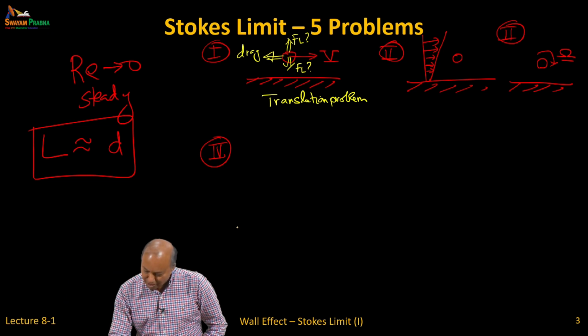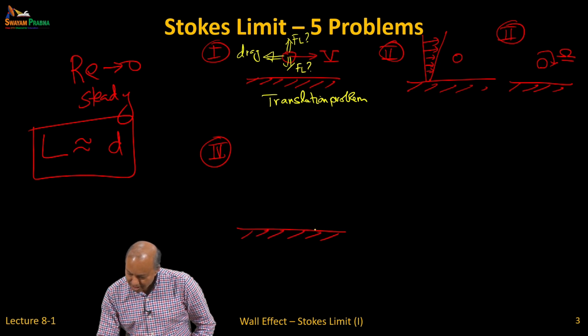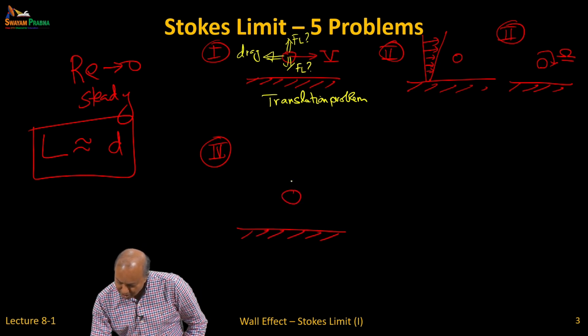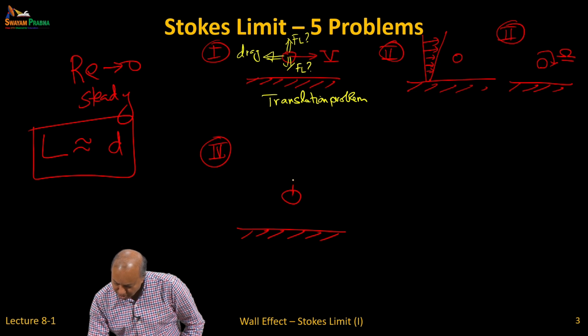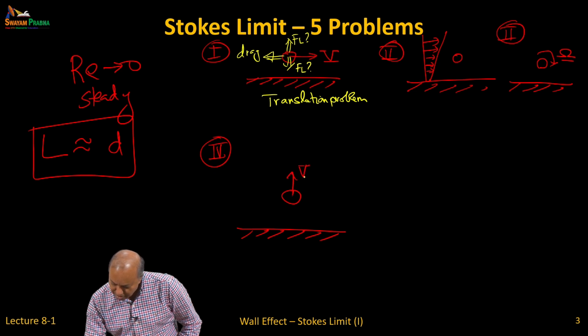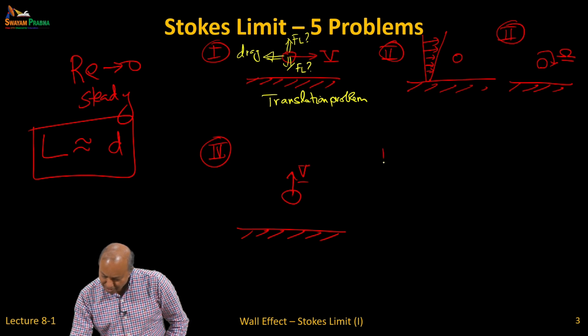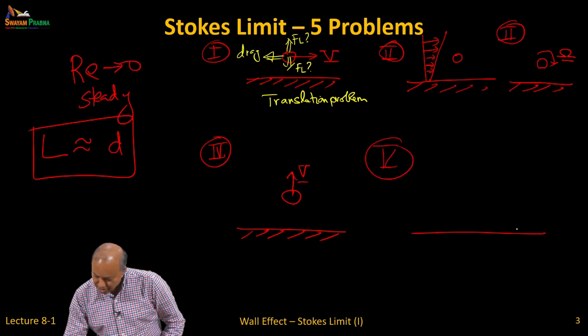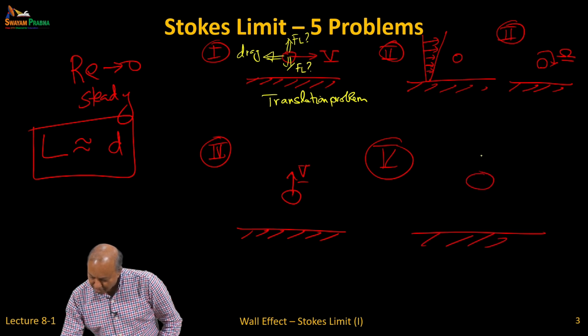So the fourth problem is that the particle could be moving towards the wall or away from the wall. And the fifth problem is that the particle could be spinning about a vertical axis.